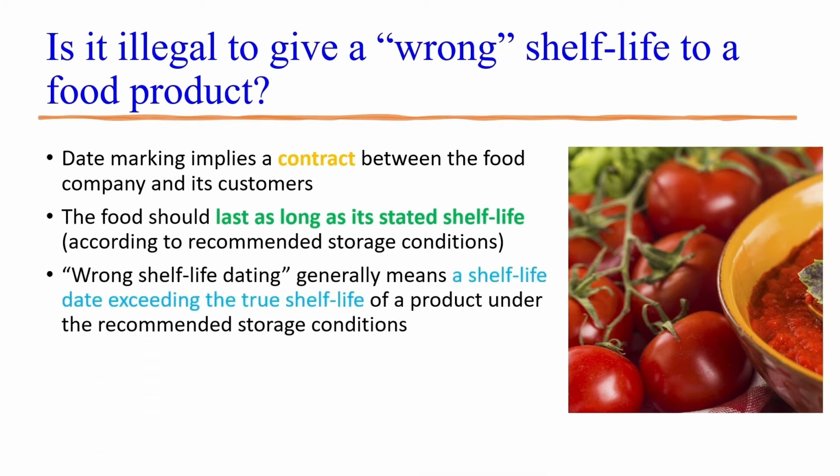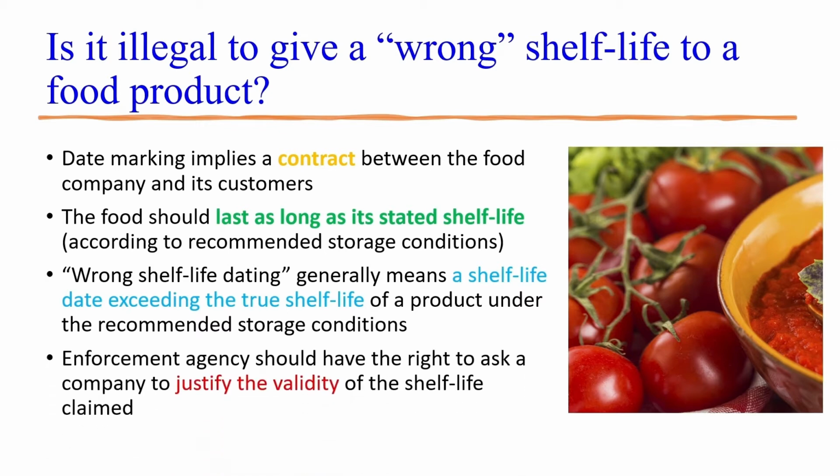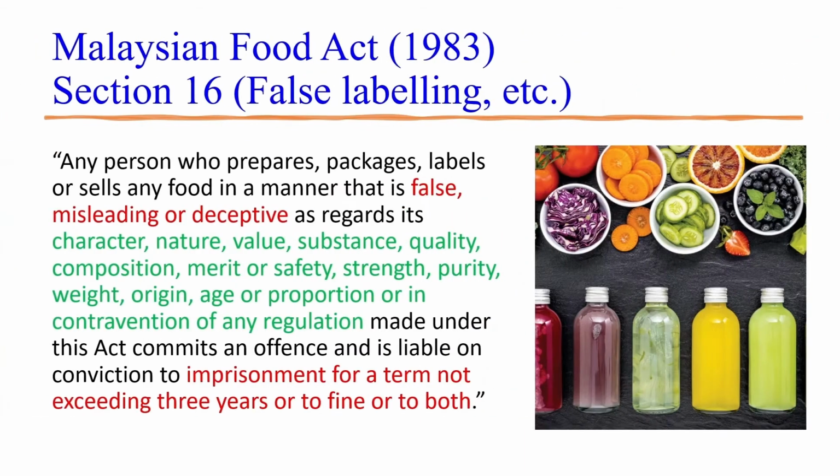So wrong shelf life dating generally means a shelf life date exceeding the true shelf life of a product under the recommended storage conditions. That means it is a fraud. So the enforcement agency should have the right to ask a company to justify the validity of the shelf life that has been claimed.